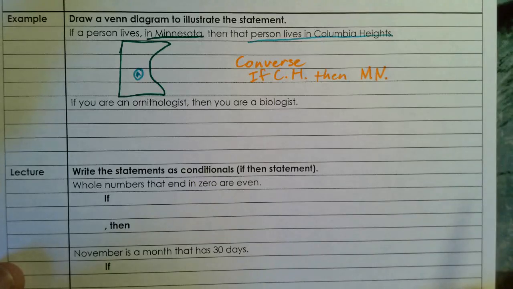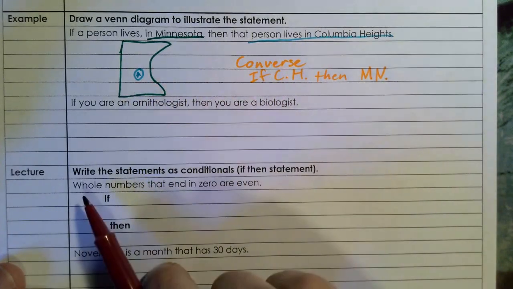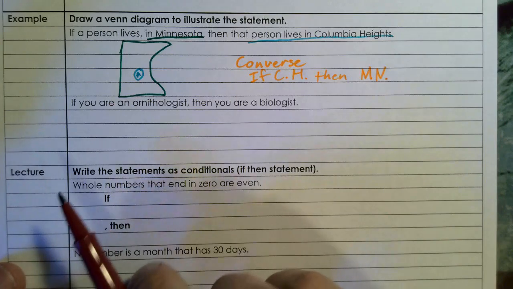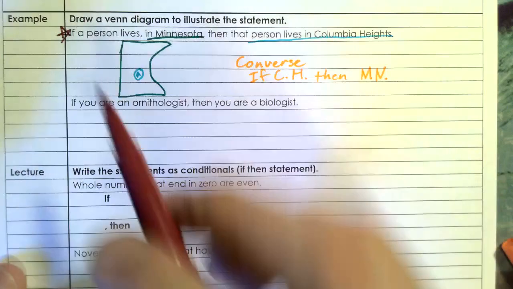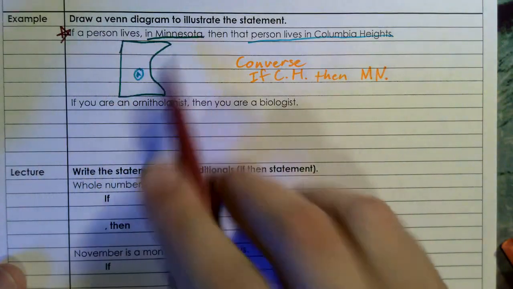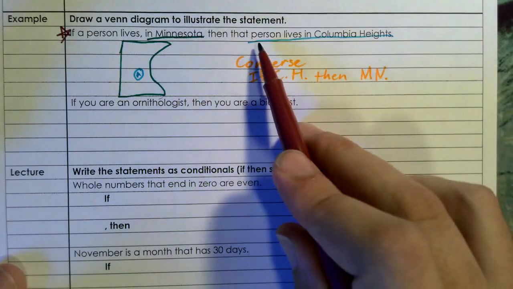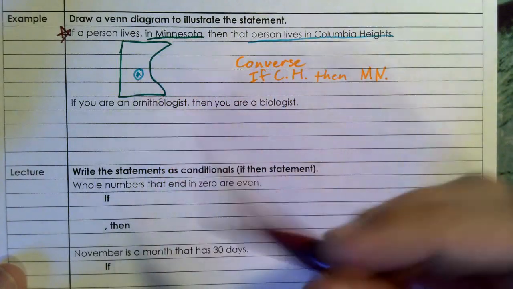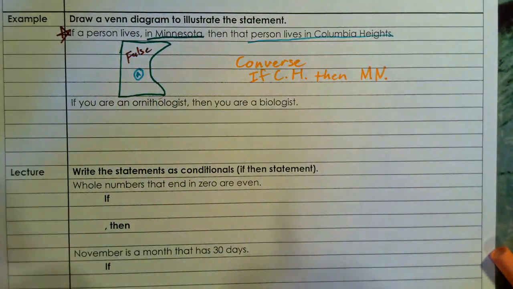The last thing I want to show you is this idea of a Venn diagram. It's sort of like a diagram like this. I drew a bad Minnesota and about where Columbia Heights is. It's a way to kind of envision what's going on with the information. If we start with our original statement, if a person lives in Minnesota, so they're anywhere inside of this green bubble, do they have to be in that blue dot? No, it was false because we can exist out there.